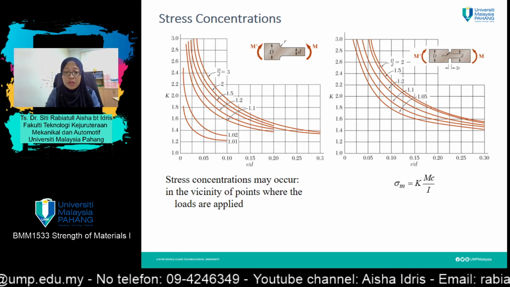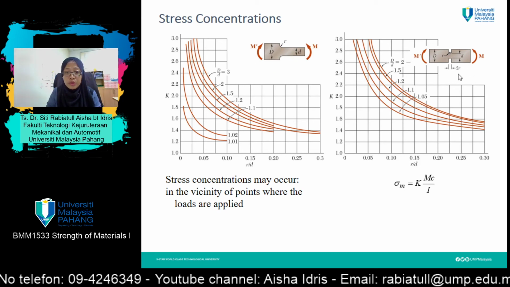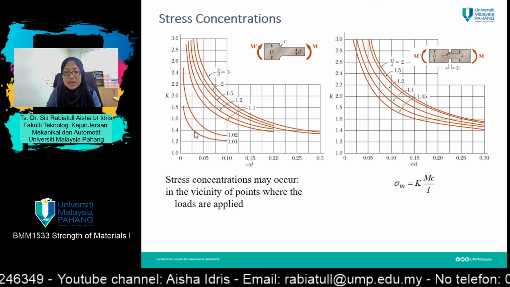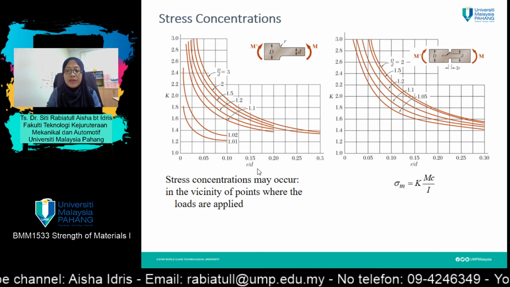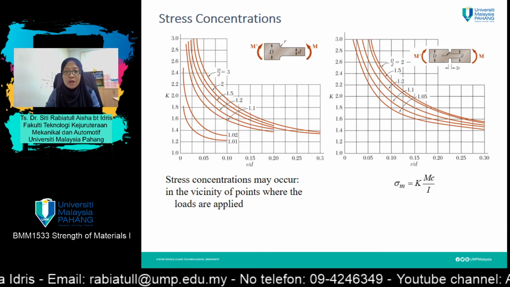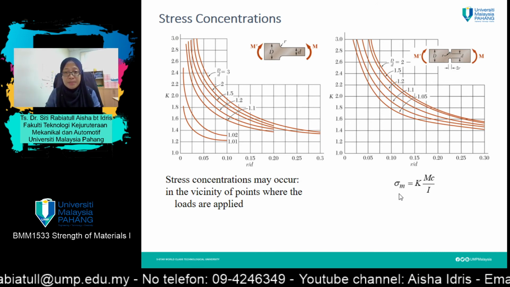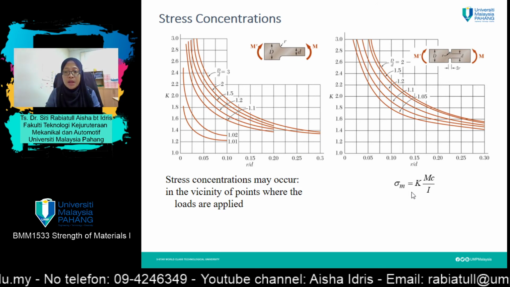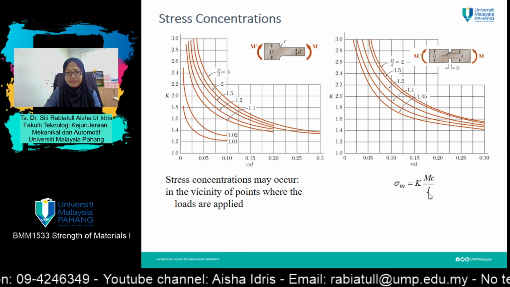How to find the value of K depends on the component or member that is given to you, and of course its own tables, from which you will find the value of K. To include K in our calculation, we just multiply the stress concentration factor into our flexure formula, which is sigma equals K times My over I.